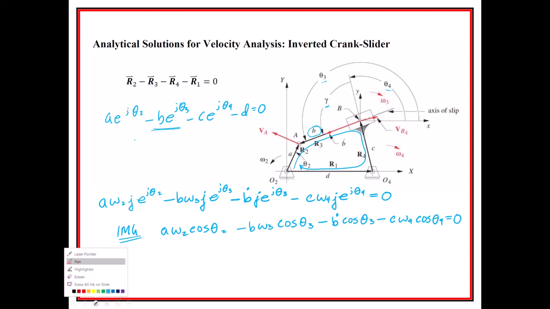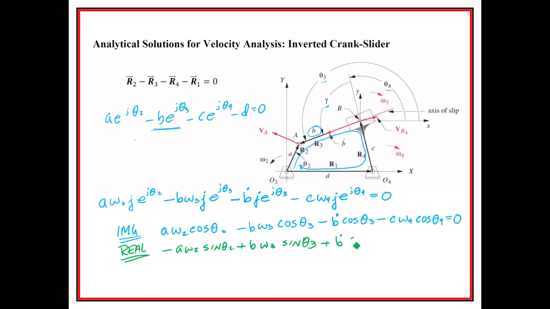And the imaginary: negative A ω2 sine θ2 plus B ω3 sine θ3 plus b dot sine θ3 plus C ω4 sine θ4 equals 0.